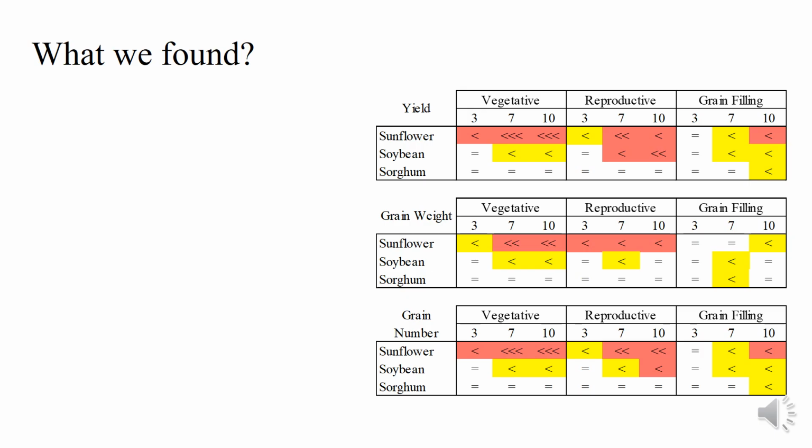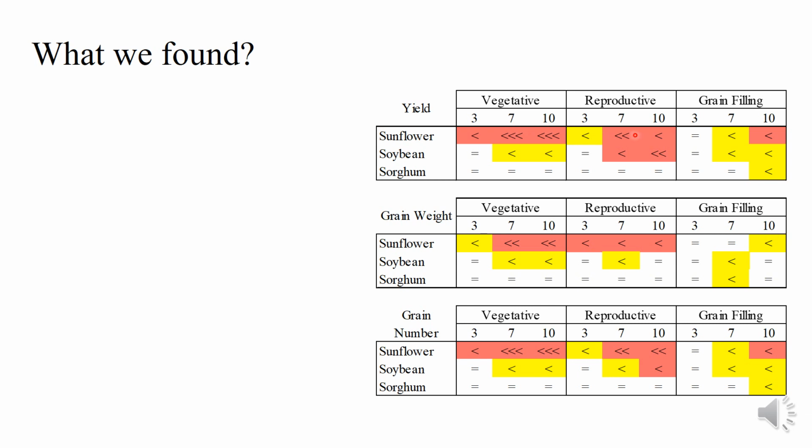For example, for sunflower, we have the main responses during the vegetative stage for 7 and 10 days, and 3 days as well, but the effect was higher for 7 and 10 days.